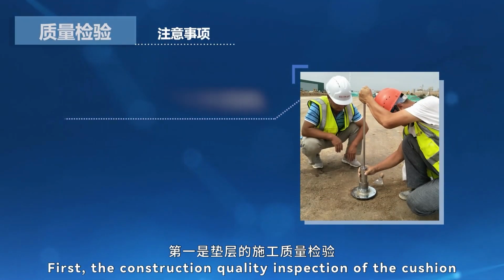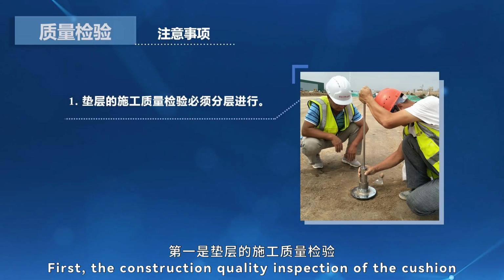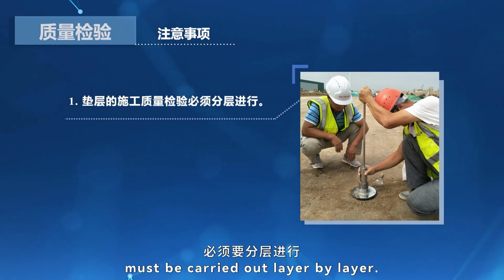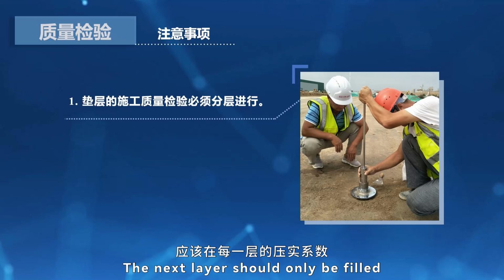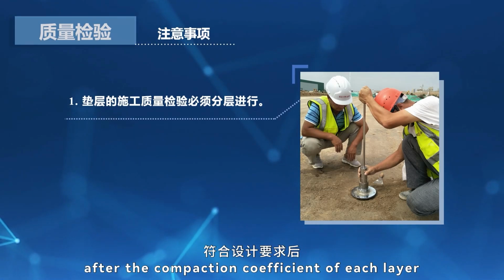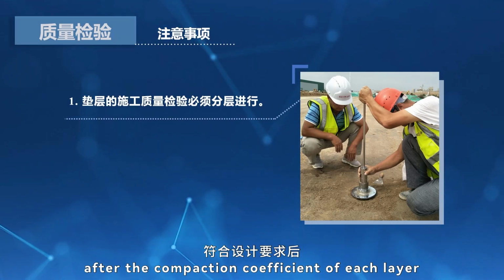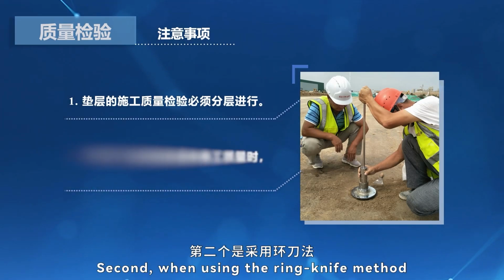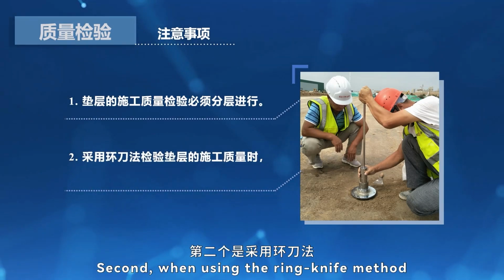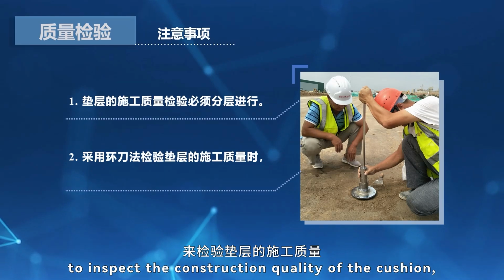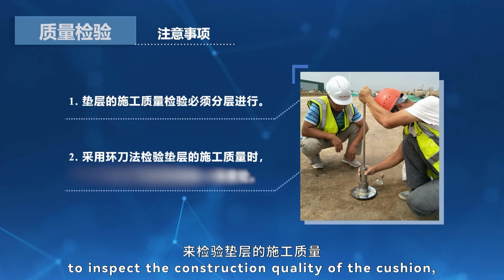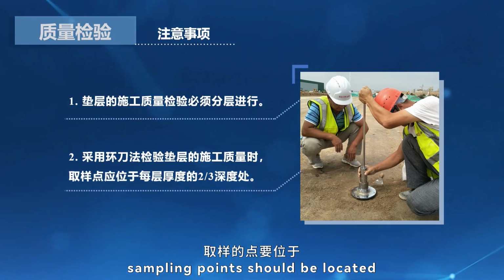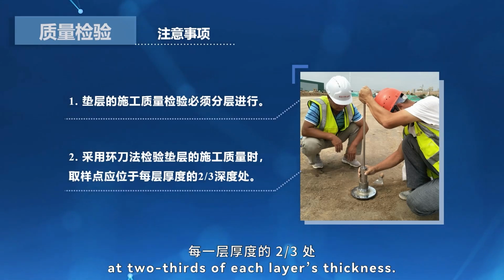First, the construction quality inspection of the cushion must be carried out layer by layer. The next layer should only be filled after the compaction coefficient of each layer meets the design requirements. Second, when using the ring knife method to inspect the construction quality of the cushion, sampling points should be located at 2/3 of each layer's thickness.